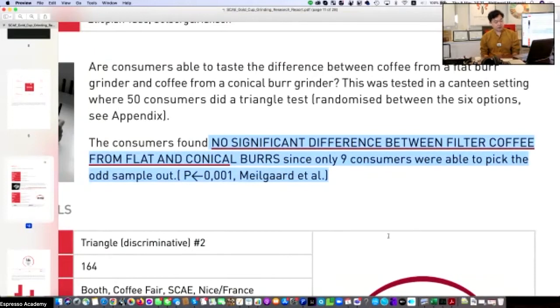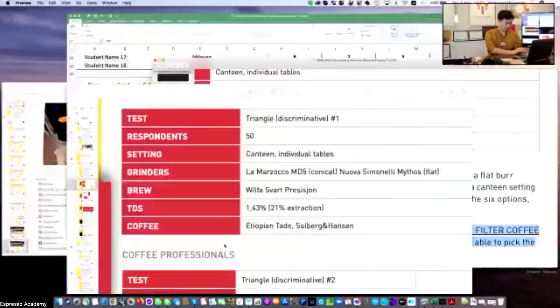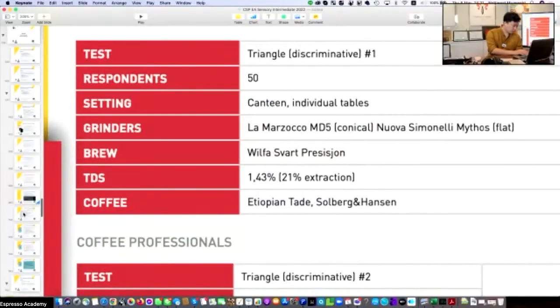That means the p-value of 0.0001 is not enough, because there are 50 people, right? So if you go back to the 50 people, how many correct responses do we require?